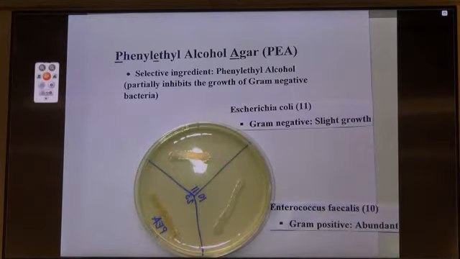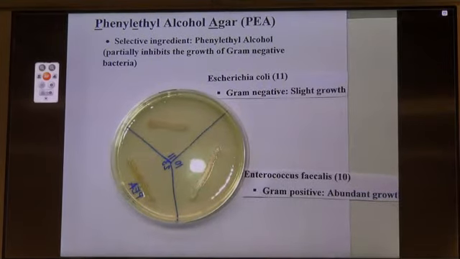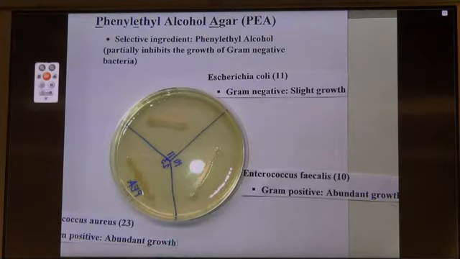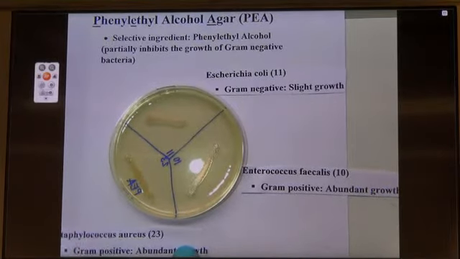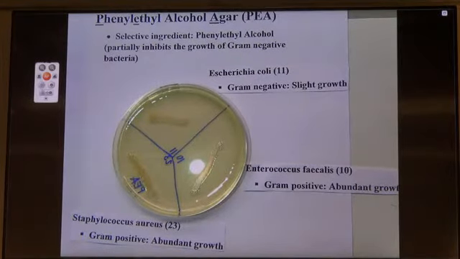Lots of growth, abundant. And number 23, lots of growth, abundant growth. So phenylethyl alcohol, selective, partially stops gram negative. Can be used to isolate gram positive.